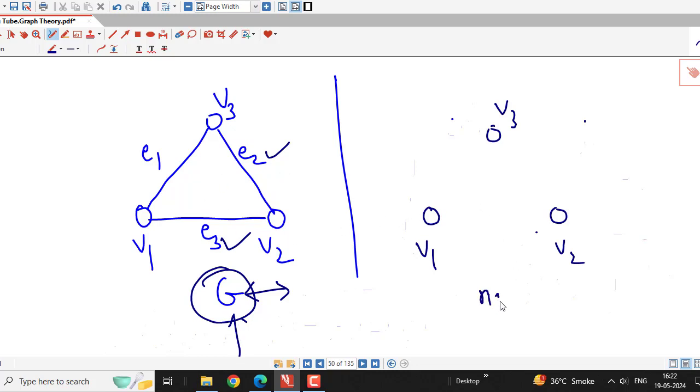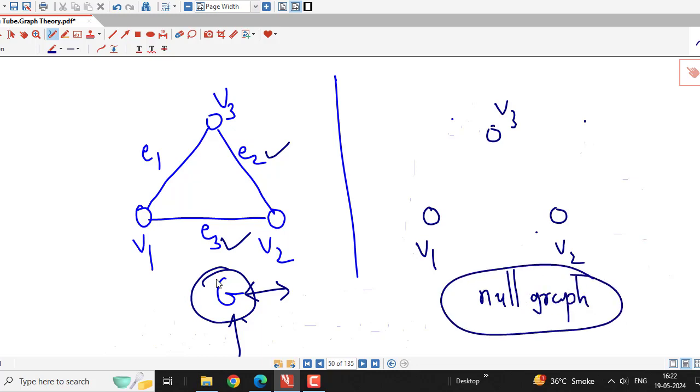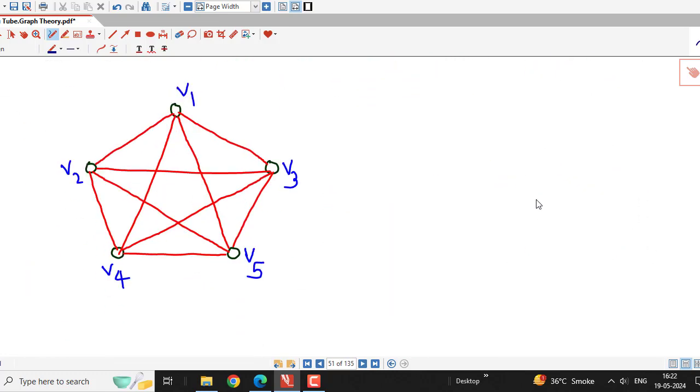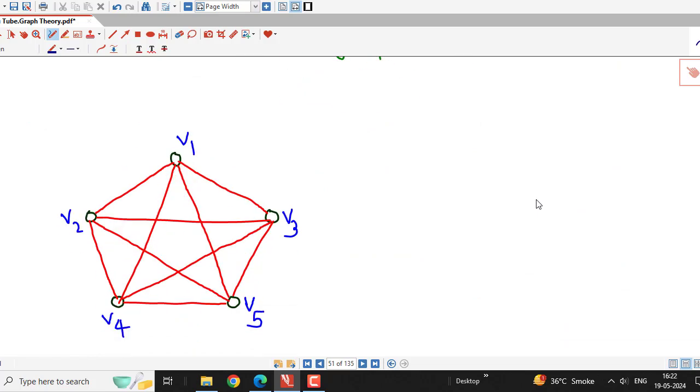Then this is nothing but the null graph, and it is also a subgraph of graph G. So every graph has at least 2 subgraphs, the graph itself and the null graph obtained from graph G by deleting all the edges of the graph. Those two are called trivial subgraphs of the given graph G. They can ask you to write down subgraphs or construct subgraphs from a given graph.